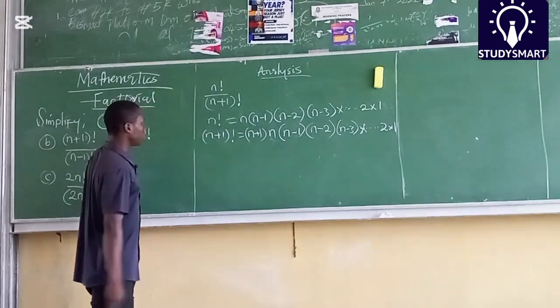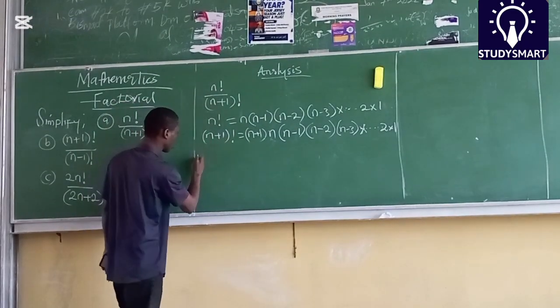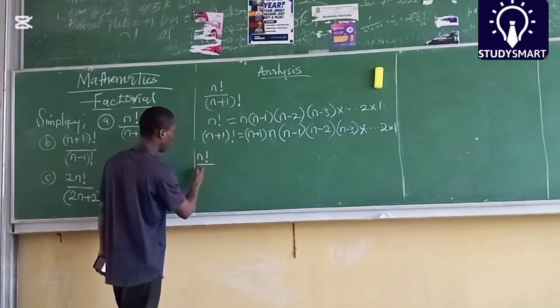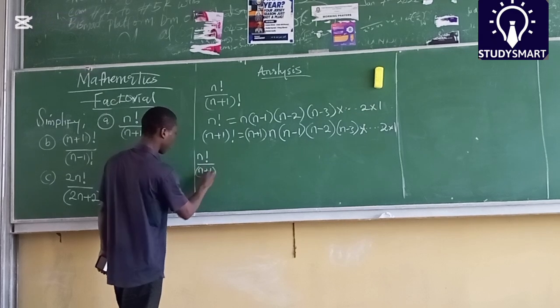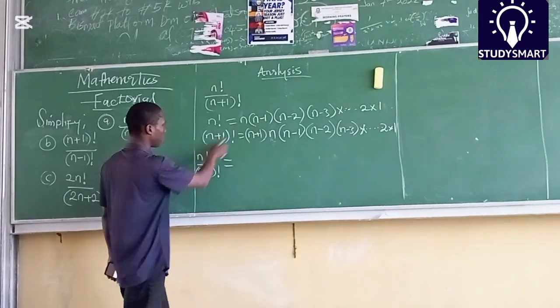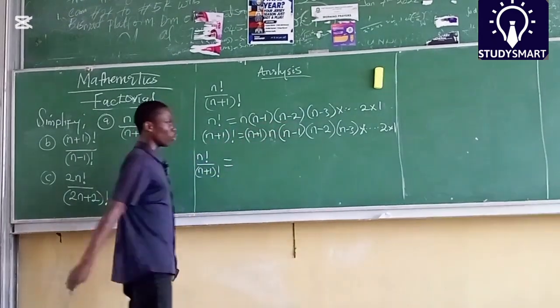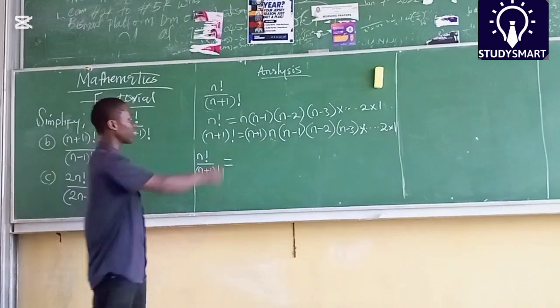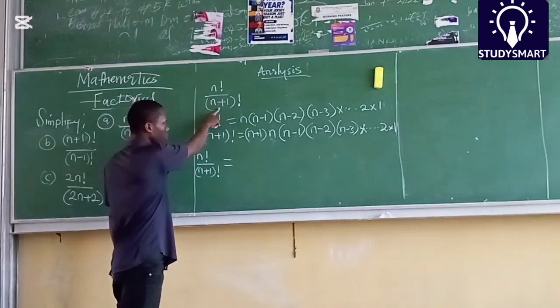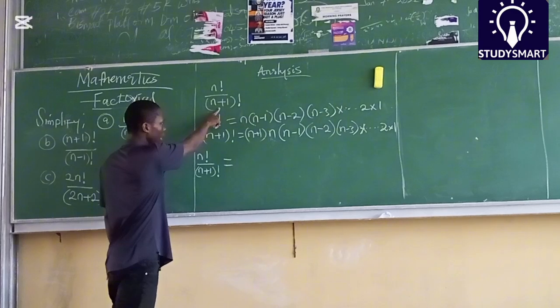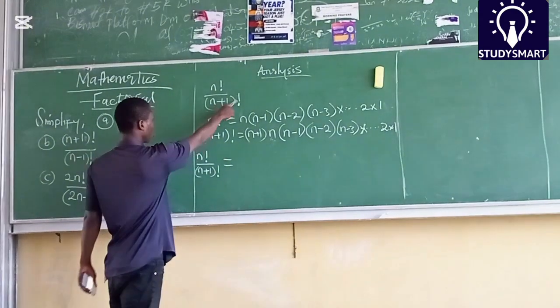All right, so I have n factorial over n plus 1 factorial, which is now equal to n factorial is this. And to make this easier for us, we'll check the denominator first. The denominator will have n plus 1 factorial.